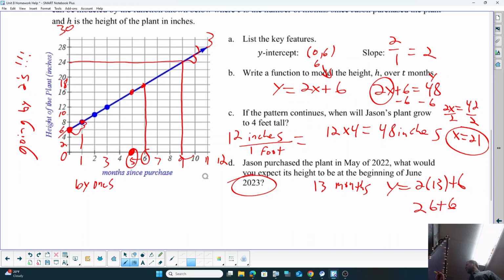I'm confused. 0 months since purchase, 1 month since purchase, 2, 3, 4, 5 months since purchase. So 12. So if it's 13 months, yeah, that should be right. 27, 28, 29, 30, 31, 32. So we'll double check, but I think it's 32 inches.